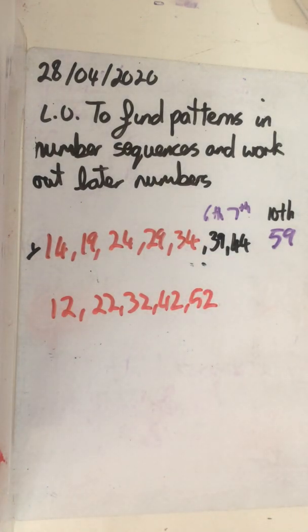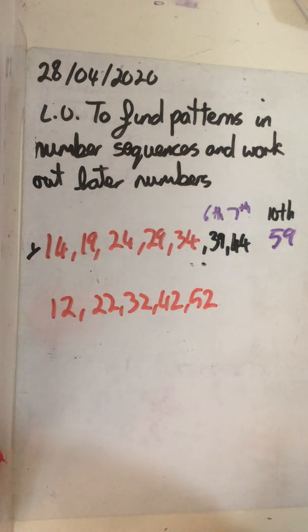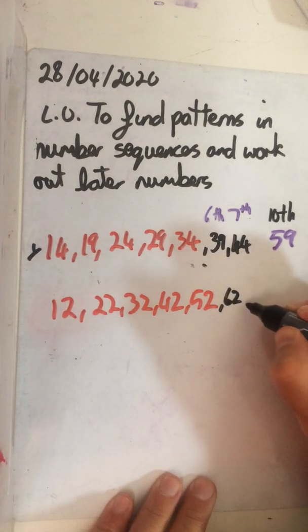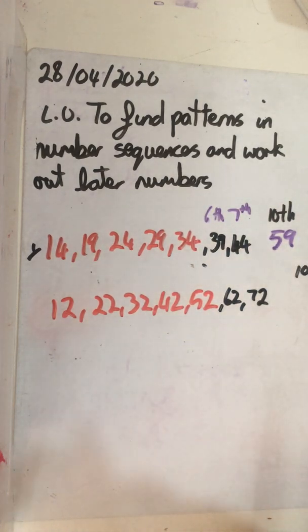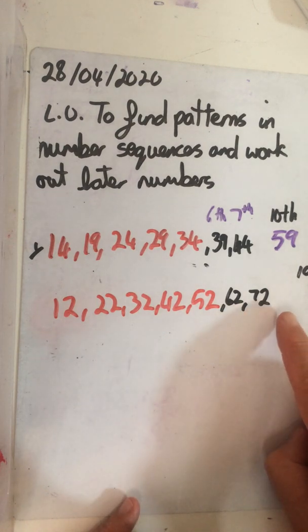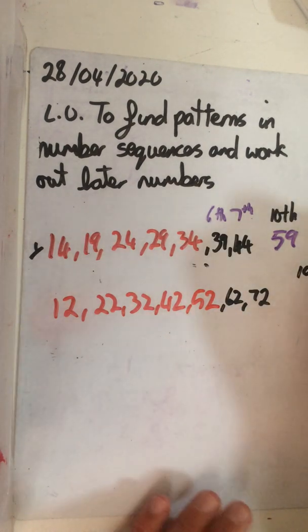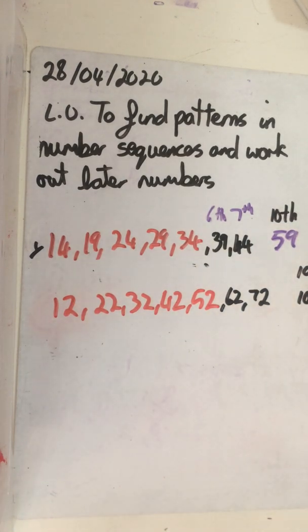You can see they're going up in 10s each time. So the next 2 will obviously be 62, 72, and then the 10th. This is the 7th, so the 8th would be 82, the 9th would be 92, the 10th would be 102. So when you come to do it, just do it like that.